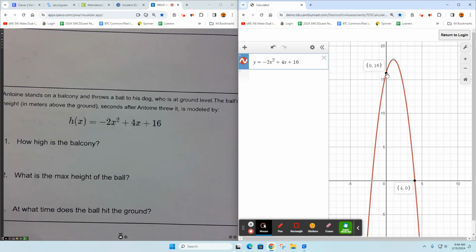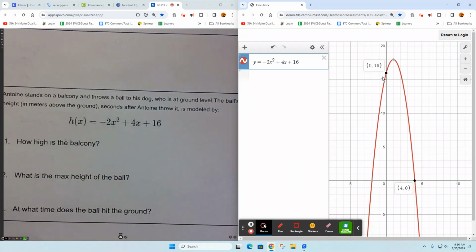Okay. What does this first point right here mean? No. It is the y-intercept, okay? So we have two ways of saying things. We have the math term, but in relation to the problem, we're talking about a guy throwing a ball, right?